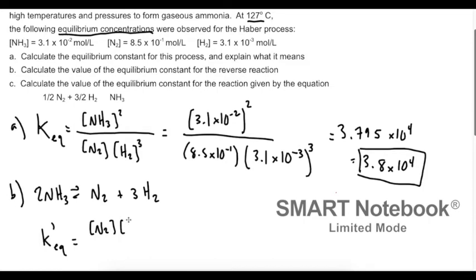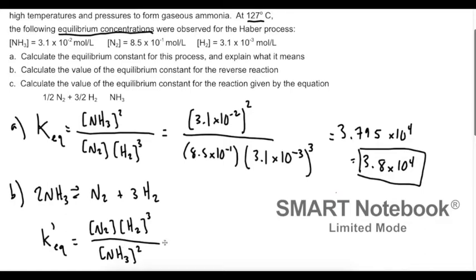And ultimately, we're going to see that this new K expression for the reverse reaction looks exactly like the equation I had for the other reaction, looking at it with N and H as my reactants. It looks exactly the same, except it's just flipped.